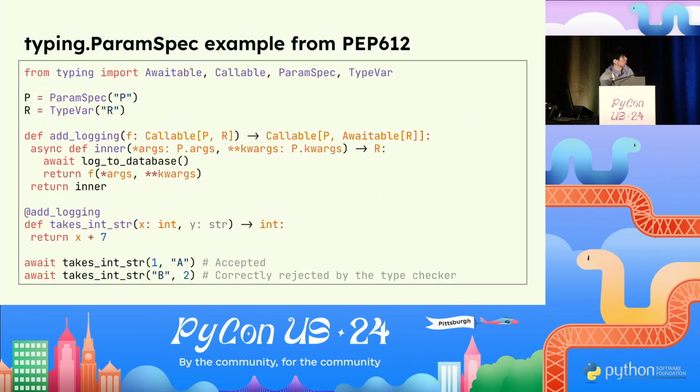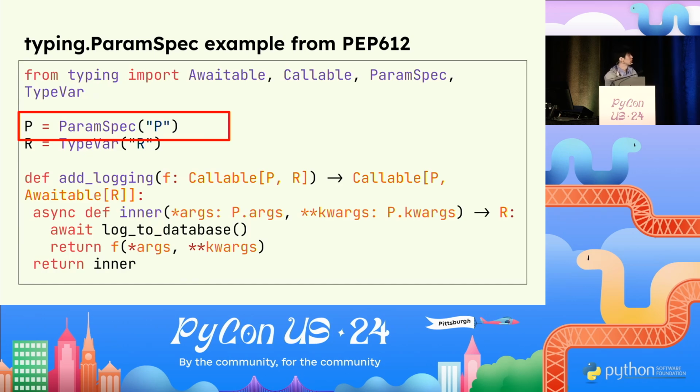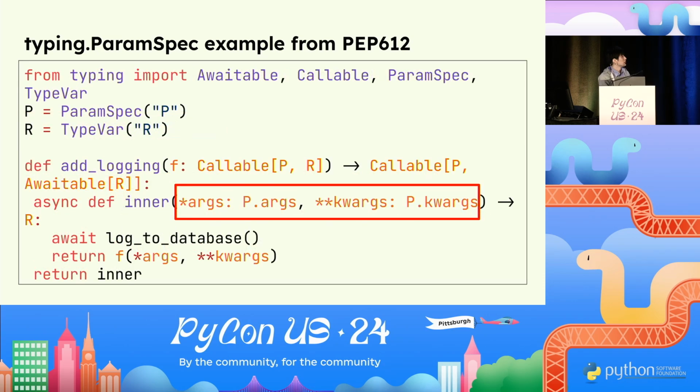It's too small, so I will pick up the important points. We import ParamSpec from typing and define P using ParamSpec, then apply P as *args: P.args and **kwargs: P.kwargs. We can define these types here.